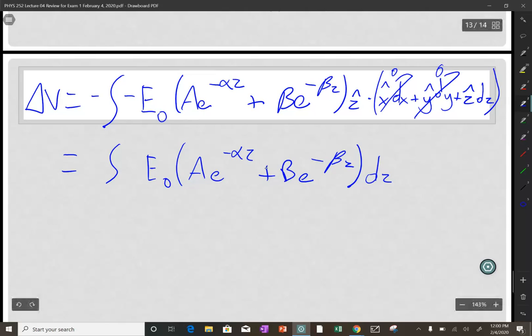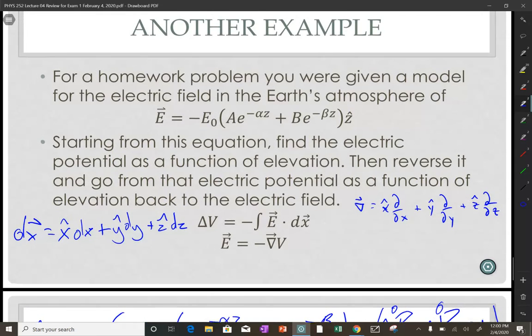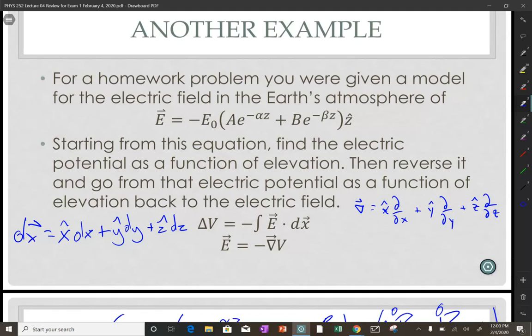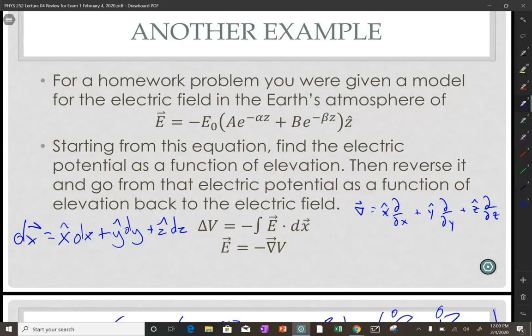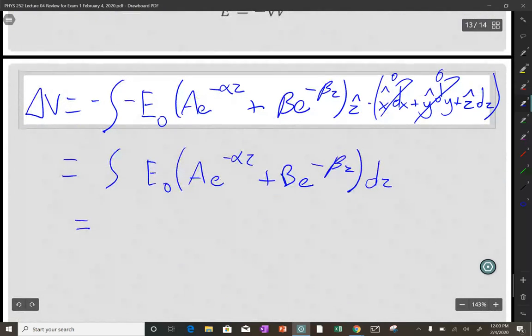Okay, and this integral is going to be, do I really care about limits? We're going from 0 to infinity, aren't we? We're going to go from 0 to, let's say, h, where h is our elevation. So that's the voltage difference between the surface of the Earth and whatever elevation we're at. So E sub 0, because that's a constant.